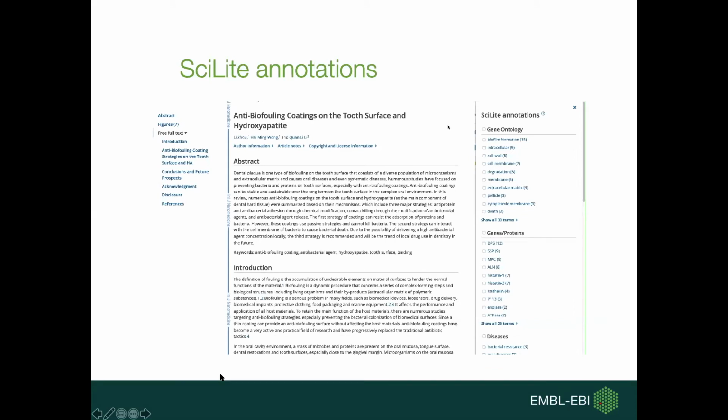You can select the concept individually or also select all the annotations from a specific type to be highlighted in the text. And you can also use the navigation buttons to jump to the selected terms in the text.